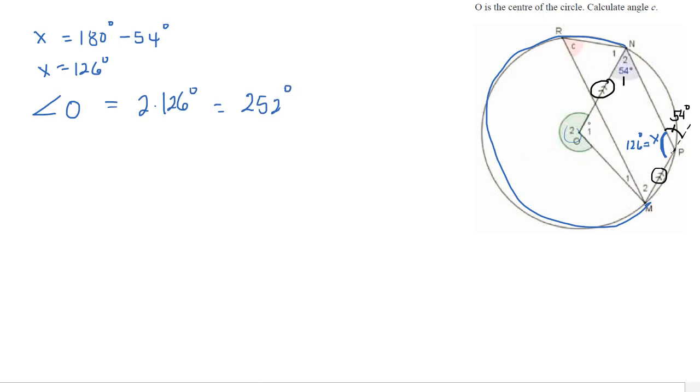And since a full turn is 360, I use 360 degrees minus 252 degrees. I have 108 degrees. This one is 108 degrees.